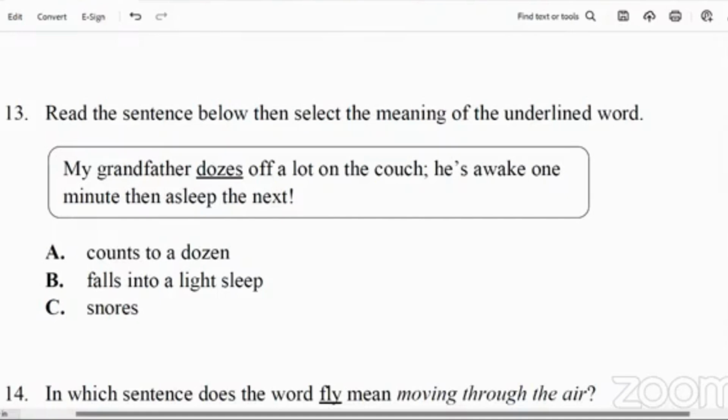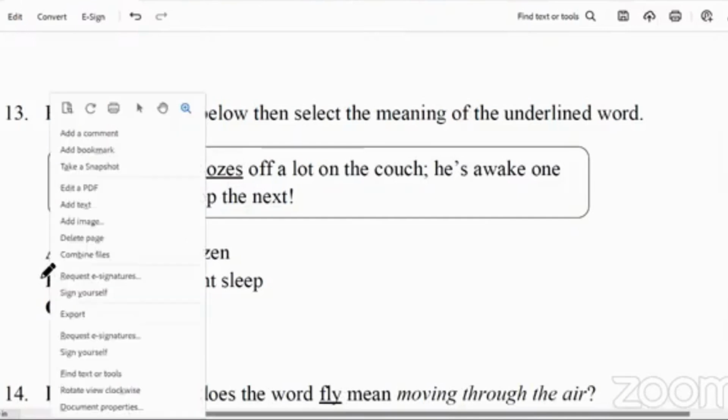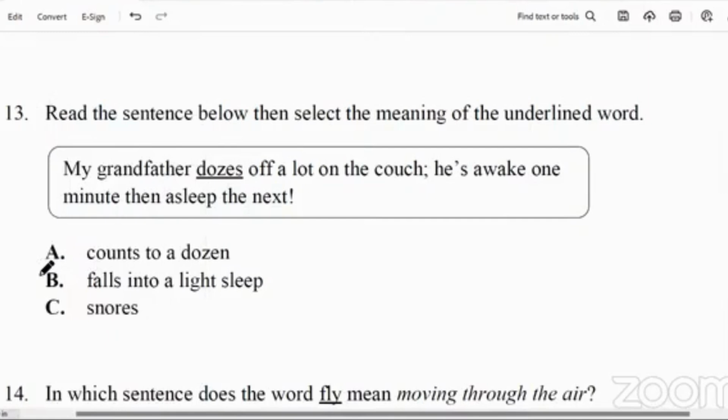Does that mean counts to a dozen, falls into a light sleep, or snores? All right, so he dozes off a lot means he falls into a light sleep because he's awake 1 minute and asleep the next. So he's not sleeping very deeply. So the option is B.